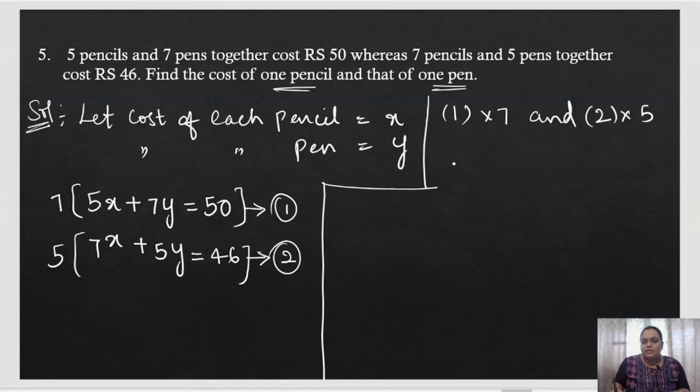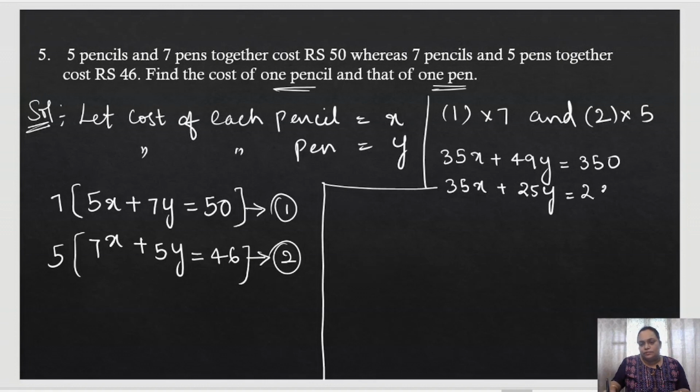So equation 1 becomes 35x plus 49y is equal to 350. Equation 2 becomes 35x plus 25y is equal to 230.